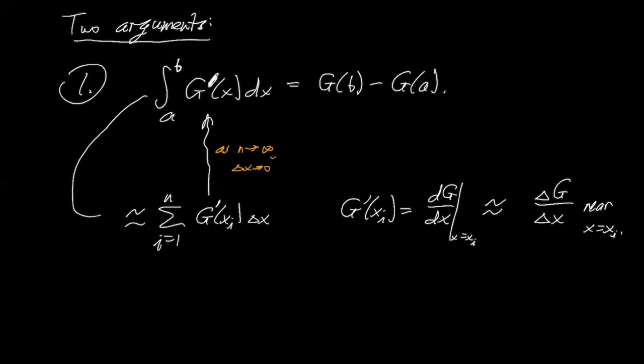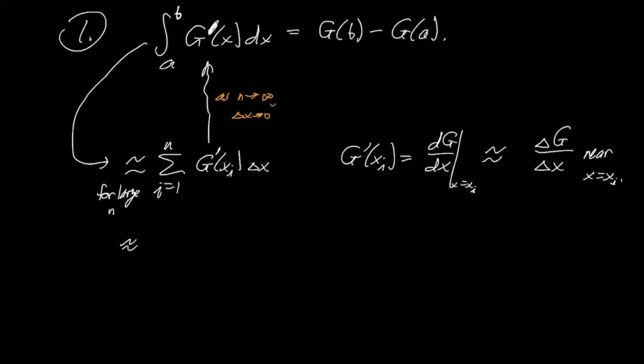So this whole thing is approximately the sum where I replace g prime with delta g over delta x, times delta x. Now it's a fraction, and look, the delta x's cancel. So this is really something like the change in g.